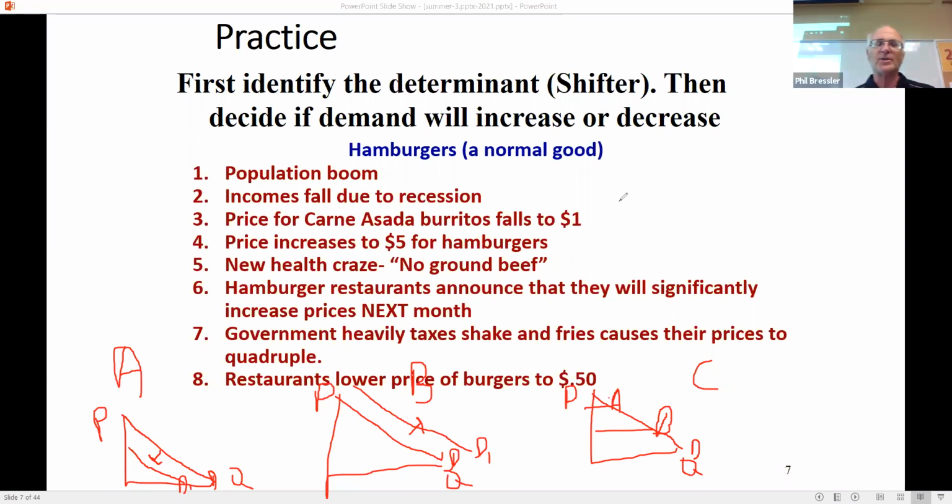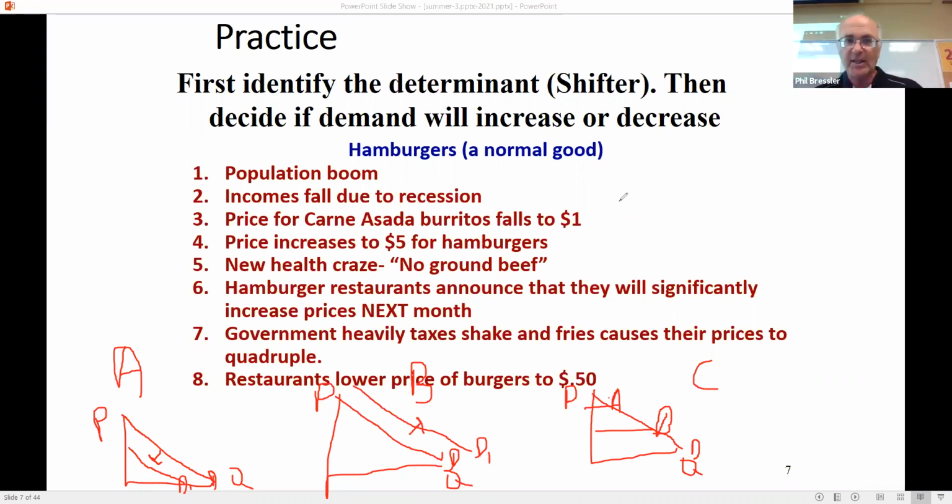Okay, and what's the determinant here? Would it be expectations? Because people expect the price to go up. No, because the price has already gone up. When you're thinking of expectations, look at number 6, it's telling you what's going to happen in the future.